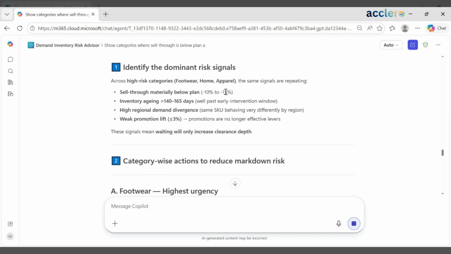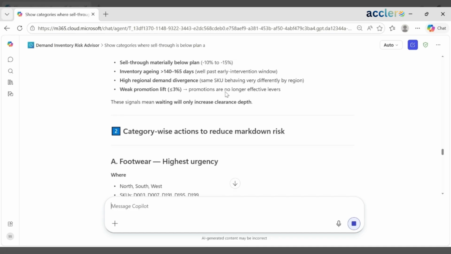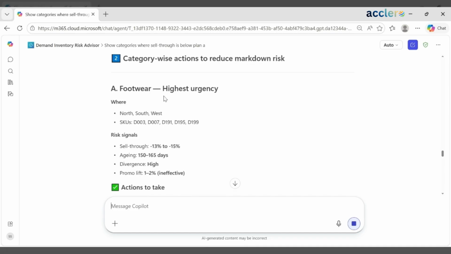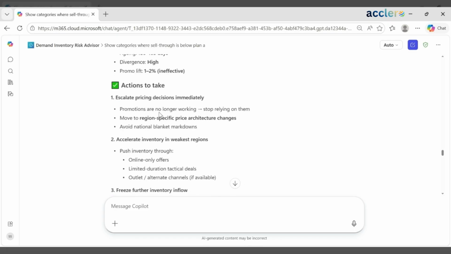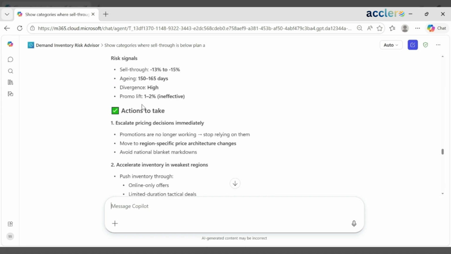For footwear, it is the highest urgency category, and it recommends immediate intervention by accelerating and targeted pricing actions due to the severe aging and the demand gaps.